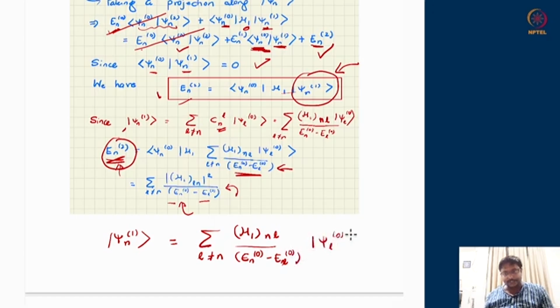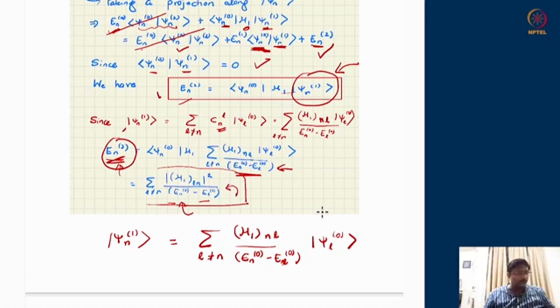So this is my first order correction to the wave function, and while this expression is the second order correction to the energy eigenvalue. Both of these come with denominator En0 minus El0, where L is being summed over all other states which are there in the system.